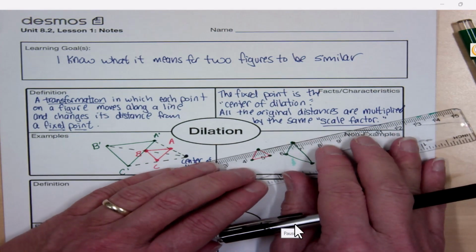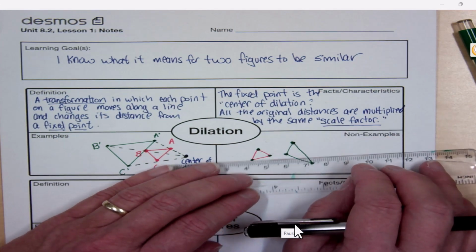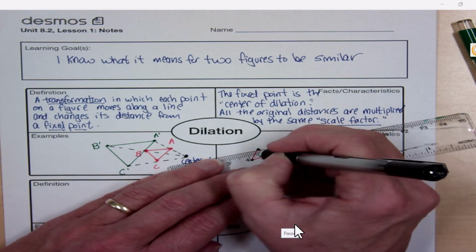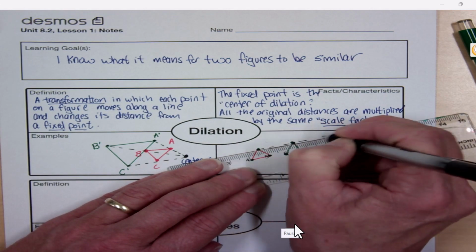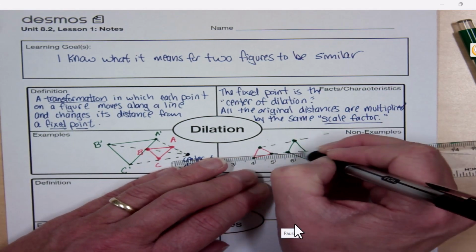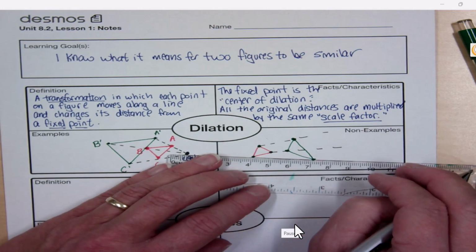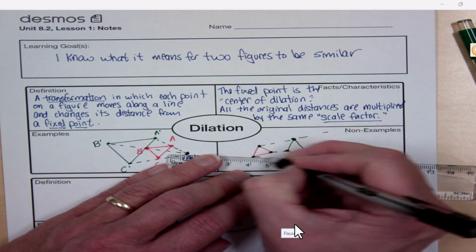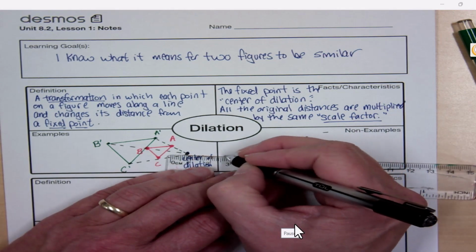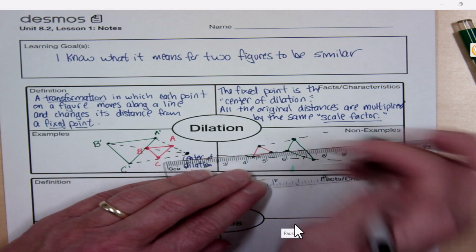Ugh. Let's see. Gosh, I wouldn't even know which ones to match up. Let me try these. You can see that as I'm matching up vertices, well, I don't even know if these were two good examples. I could go the other direction and see if they match up, but I'm pretty sure they're not going to.